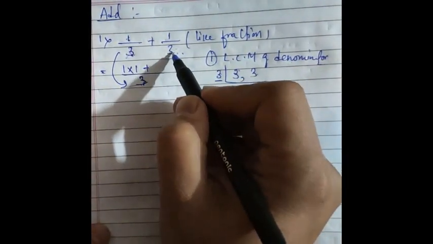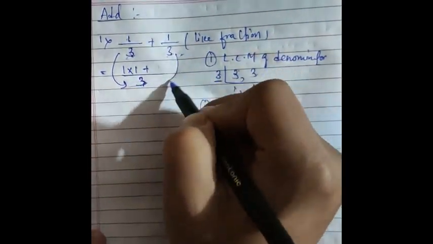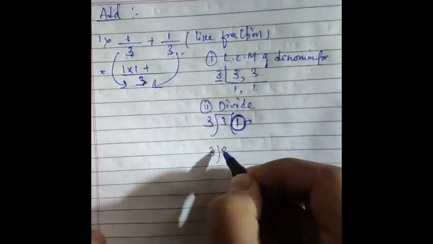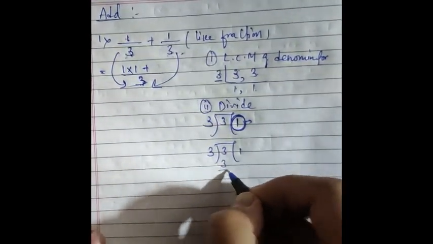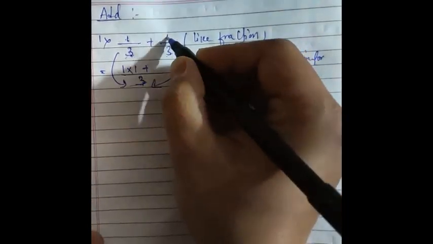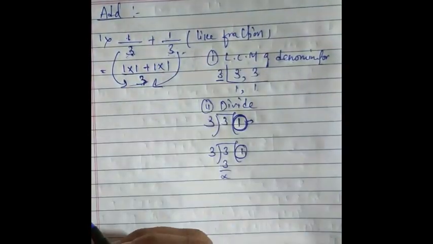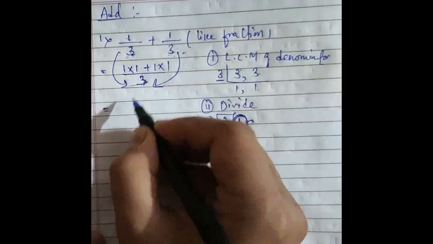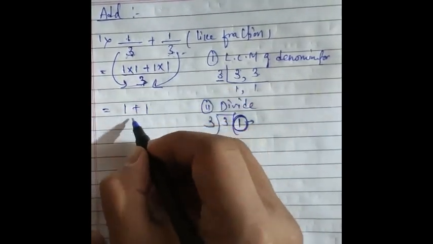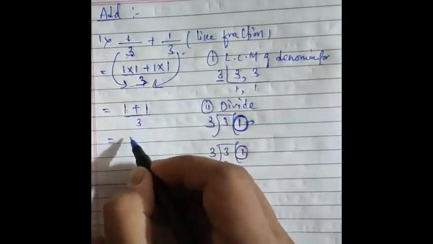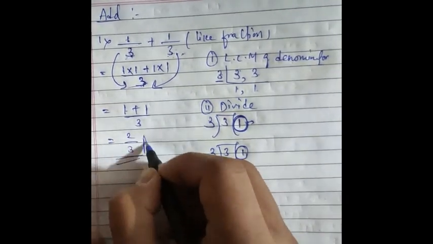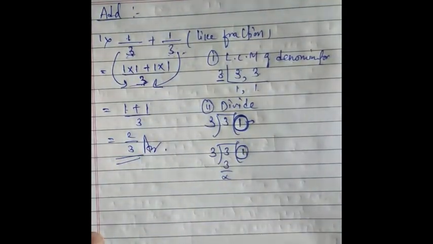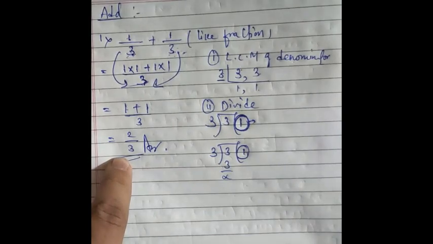Again, I'll divide 3 by this 3, which is 1. Now multiply this 1 with the numerator 1: 1 into 1. So 1 plus 1, divided by 3, is 2 divided by 3, which is the answer. You can write it in this form.